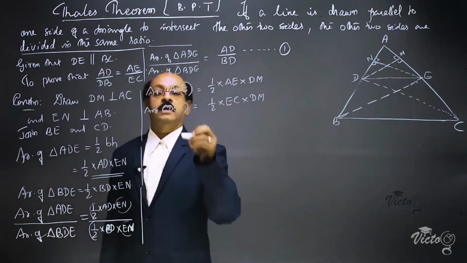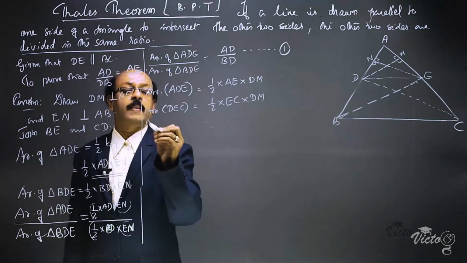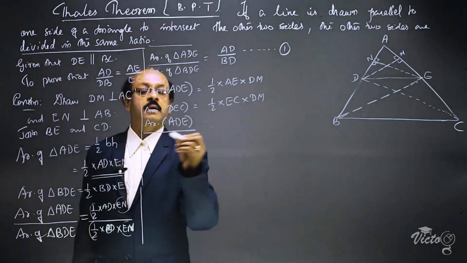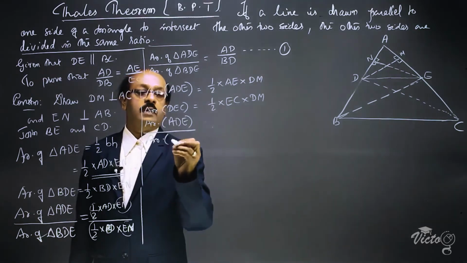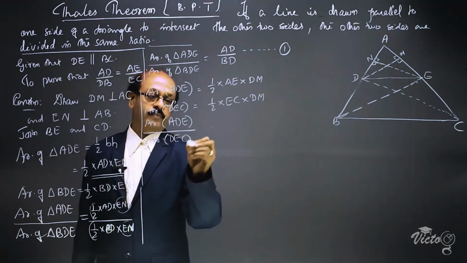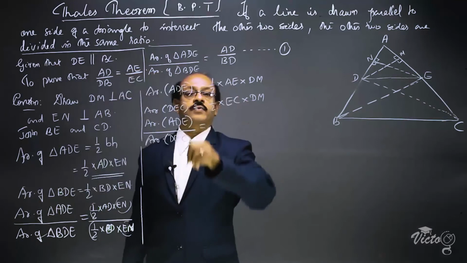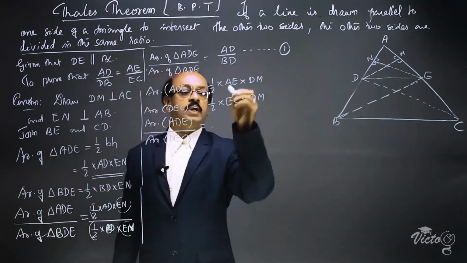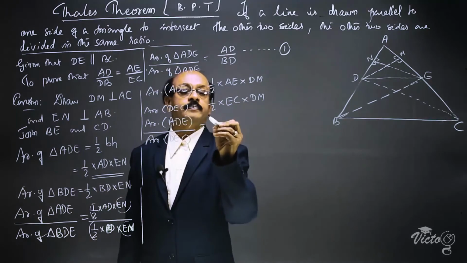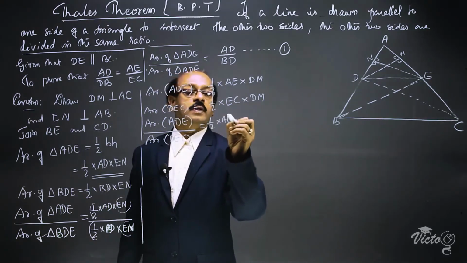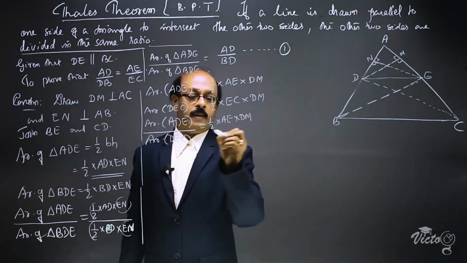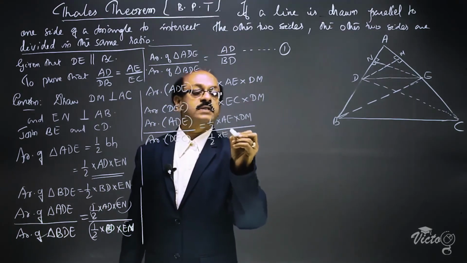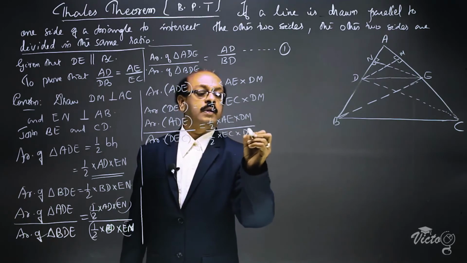Now we are finding area of triangle ADE divided by area of triangle DEC, which is half into AE into DM divided by half into EC into DM.